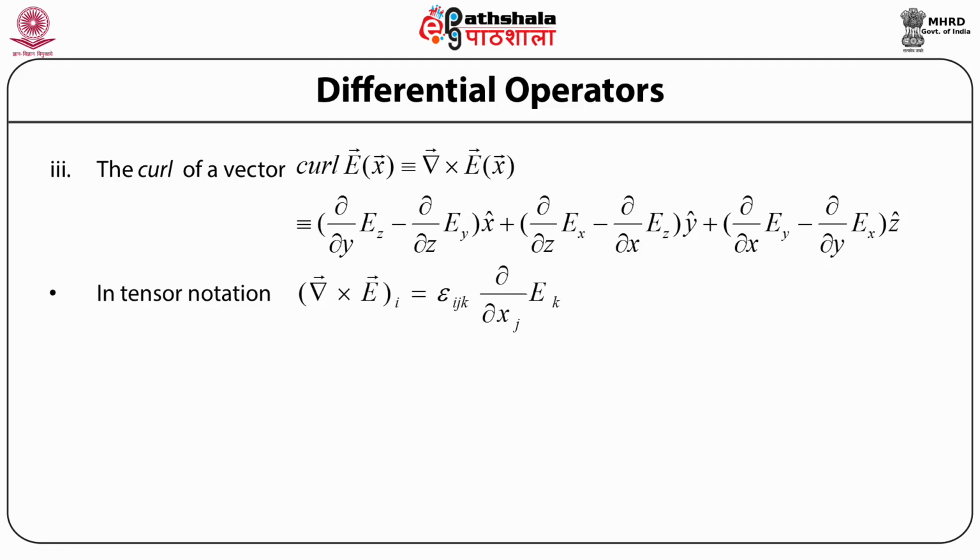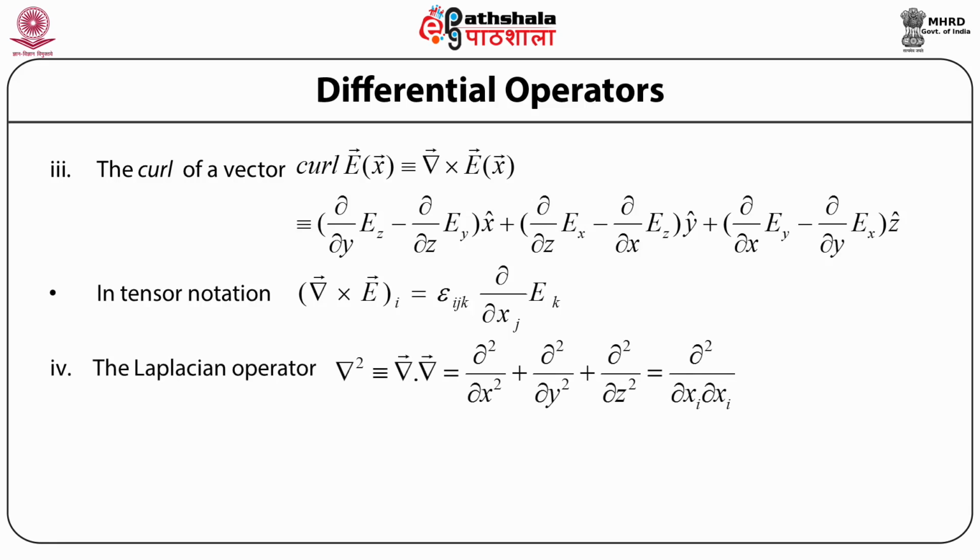In tensor notation, the curl of a vector field can be written as (del vector cross E vector) whole subscript i equal to epsilon_ijk times del by del x_j acting on E_k. Another important operation is the Laplacian operator, where the Laplacian operator is the scalar or dot product of the del operator with itself.